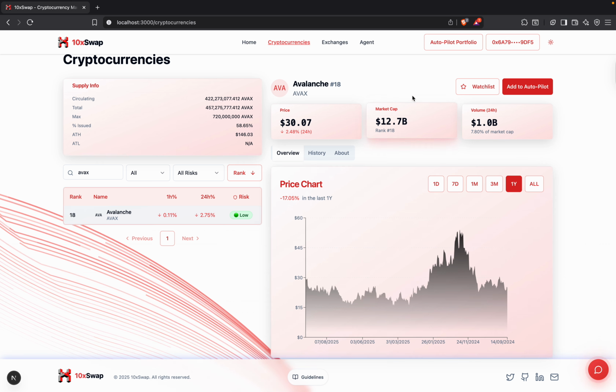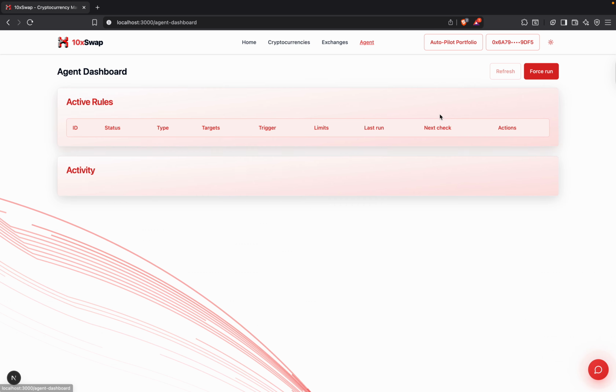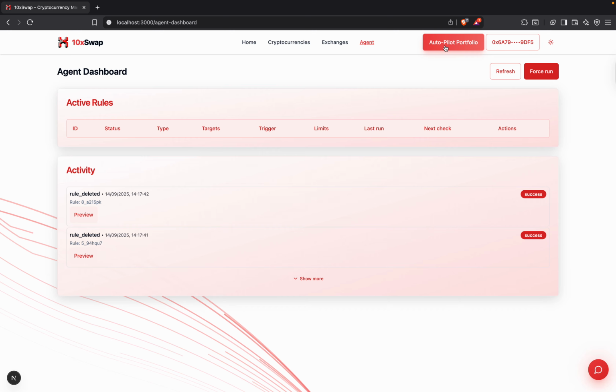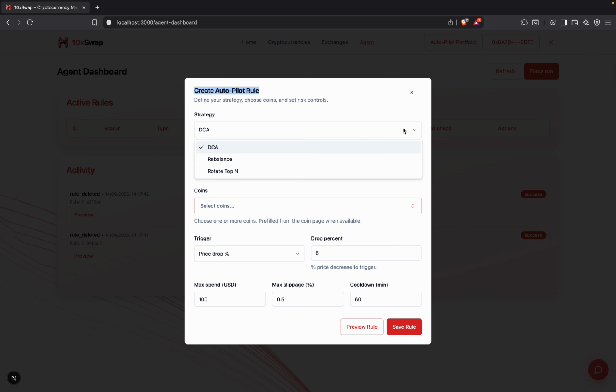Now, let's go to the magical part of it, the agentic AI part. What is it? We are not giving everything to AI, but what we are doing is we are using AI's power. So what we have to do is go to create autopilot rule, and then we can see there are a lot of strategies. There are 3 types of strategies.